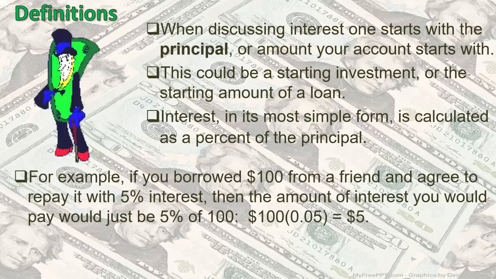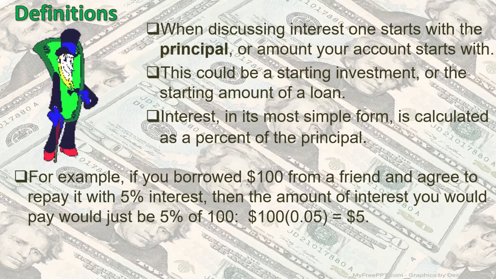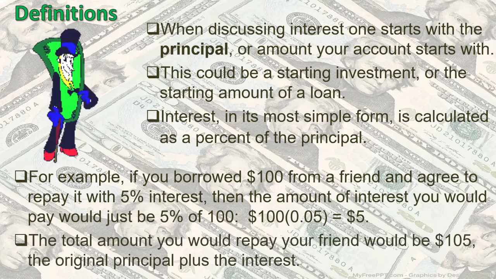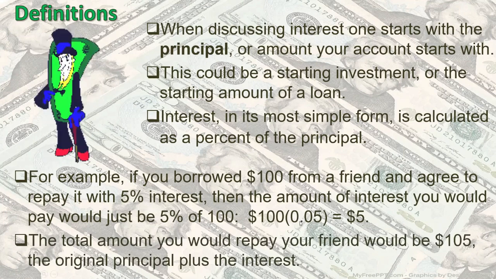For example, if you borrow $100 from a friend and agree to repay it with 5% interest, then the amount of interest you would pay would be 5% of 100, or $100 times 0.05 is equal to $5. Notice how we took the percent and put it in decimal form. The total amount you repay your friend would be $105, the original principal plus the interest.